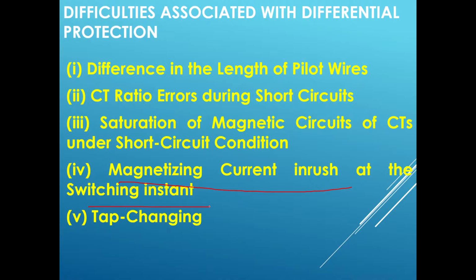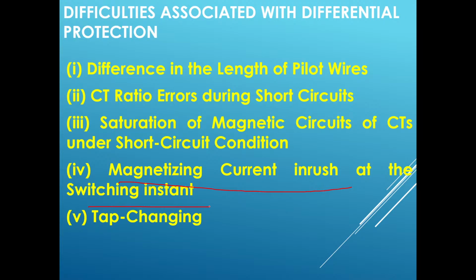Next drawback is tap changing. If there are transformers, the transformation ratio is changed whenever taps are changed. Due to this, CT ratios do not match with the new tap settings.